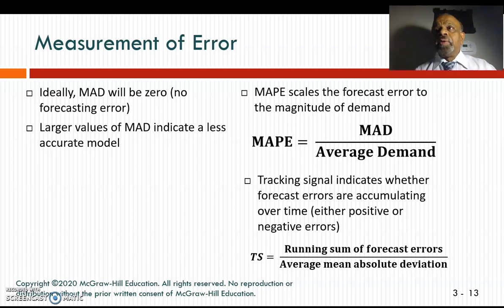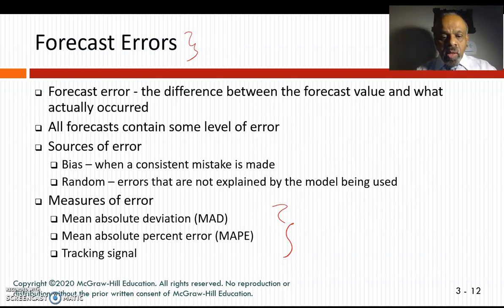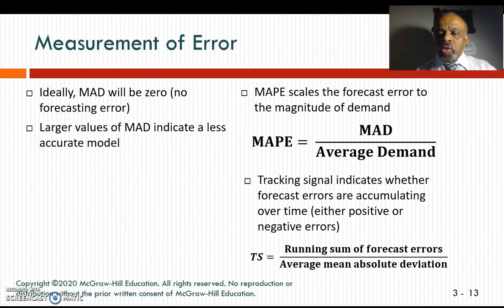So if you have more and more deviations as errors, then we have less and less accuracy in your model. Okay. Now, MAPE, which stands for mean absolute percent error, is basically the MAD, which is the mean absolute deviation, over the average demand.